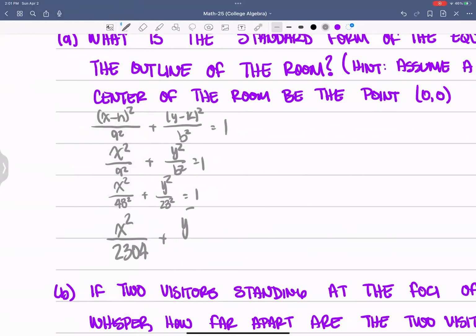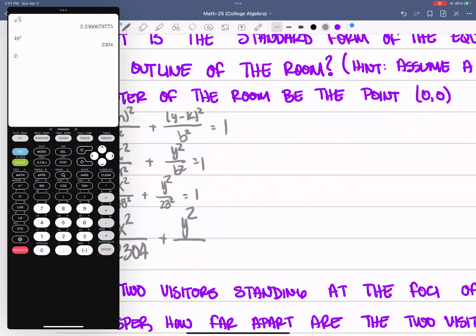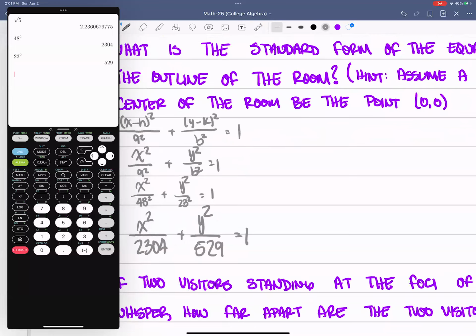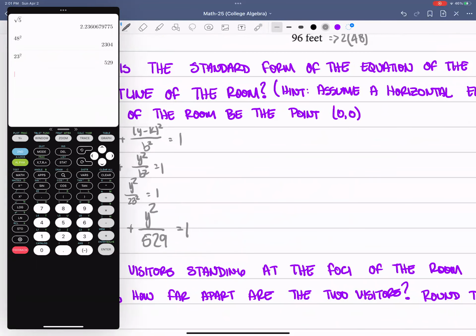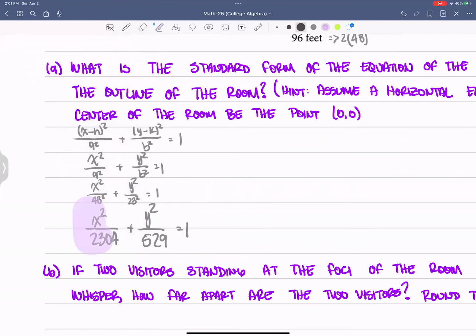Plus our y squared over 23 squared, 529. And there we go. So that is our equation there. So far this is what we have.